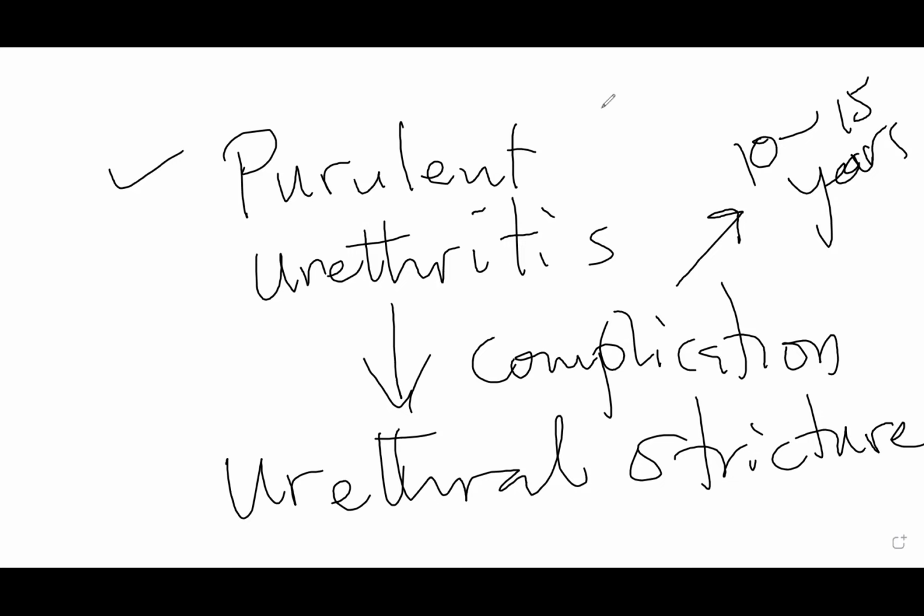subsequently they develop such complications. So one, when you see it, remember that the commonest organisms are Neisseria gonorrhoeae, Chlamydia trachomatis, Trichomonas vaginalis, and even Candida albicans. So the commonest being Neisseria gonorrhoeae. And you do symptomatic treatment.